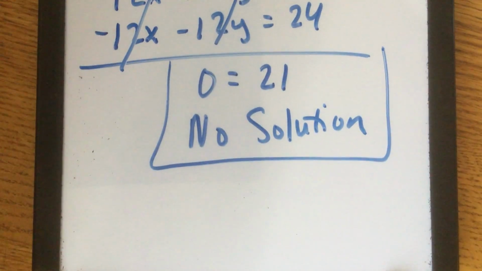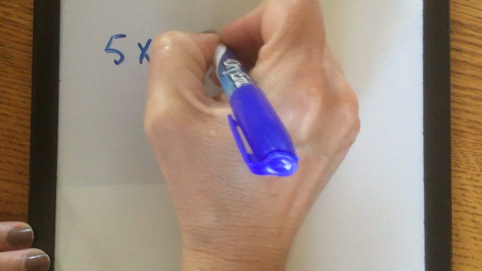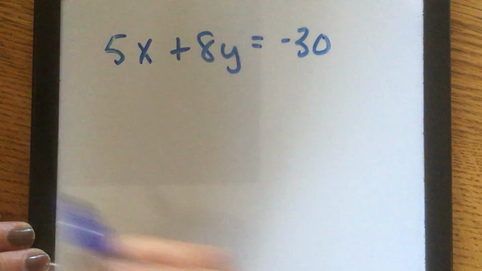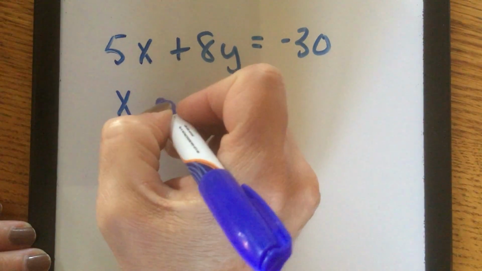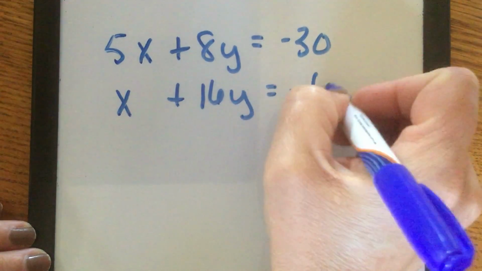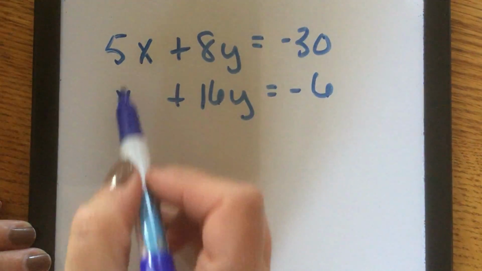Here's something else that you might get that is similar, but yet different, okay? So let's say you have 5x plus 8y is equal to -30, and x plus 16y is equal to -6, okay? So let's try to get rid of our x's.